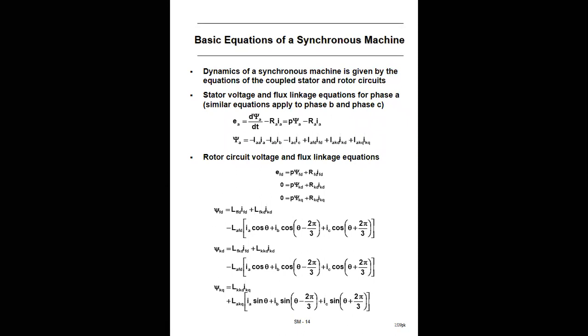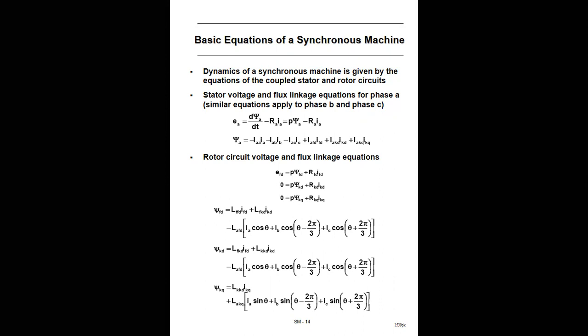Psi FD is equal to LFFD IFD plus LFKD IKD minus LAFD into the bracket IA cos theta plus IB cos of theta minus 2 pi by 3 plus IC cos of theta plus 2 pi by 3.